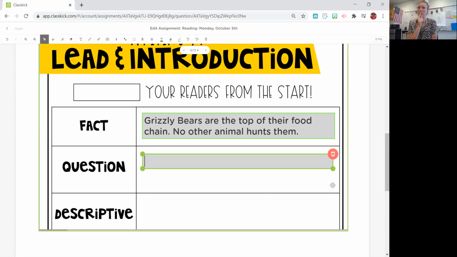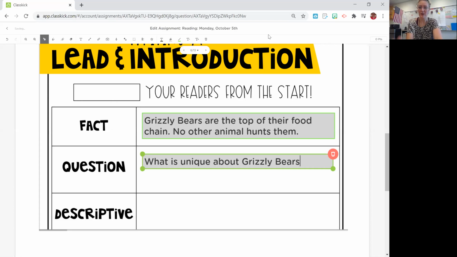So maybe I want them to think about, as they're reading, let me think. How or maybe what is unique about grizzly bears?